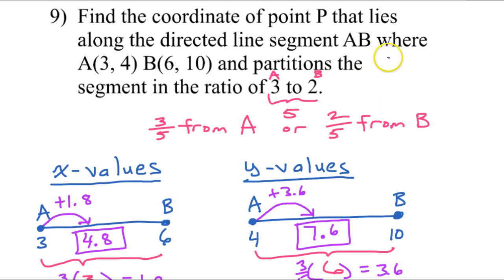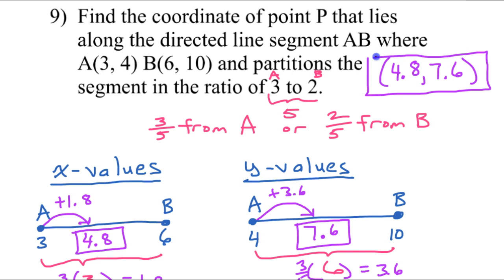The final answer is going to be 4.8, comma 7.6. This will be the point that splits the segment into a ratio of 3:2.